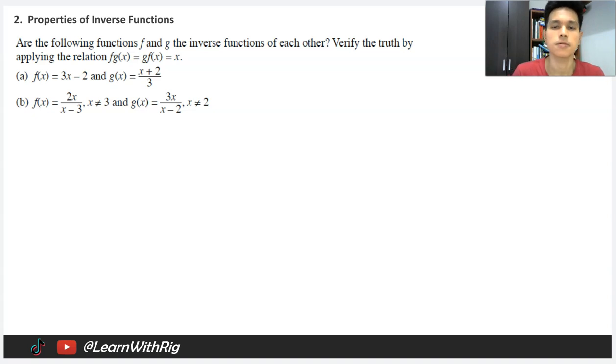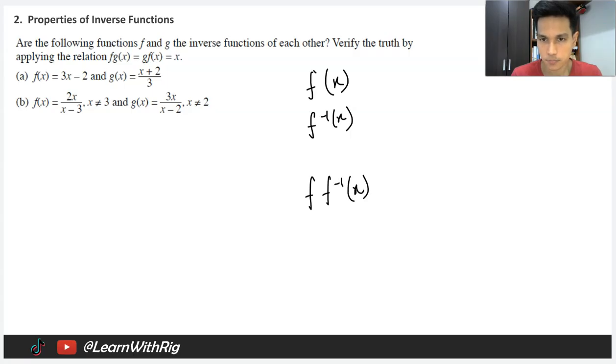Now let me tell you something. If I have a function, and I have another inverse function, here's what I want you to know. If I combine these two, f and f inverse, or f inverse and f, your answer should be x.